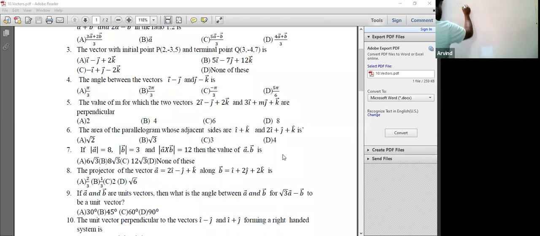Modulus of A is 8, modulus of B is 3, and modulus of A cross B is 12. Then what is A dot B? That's the question.